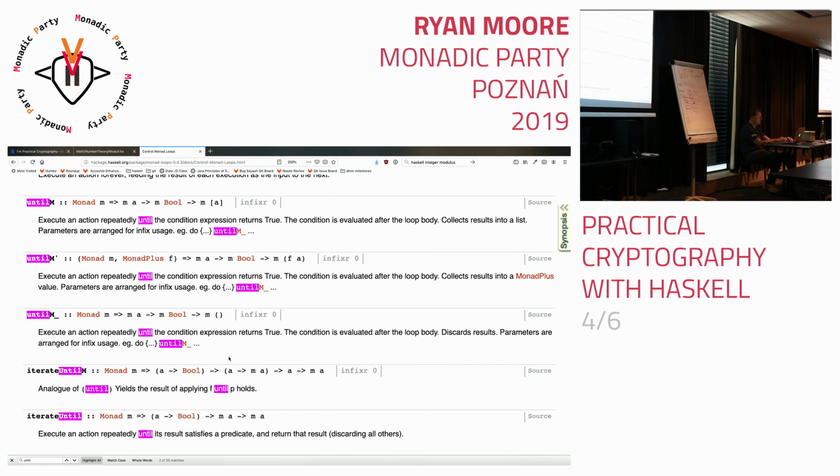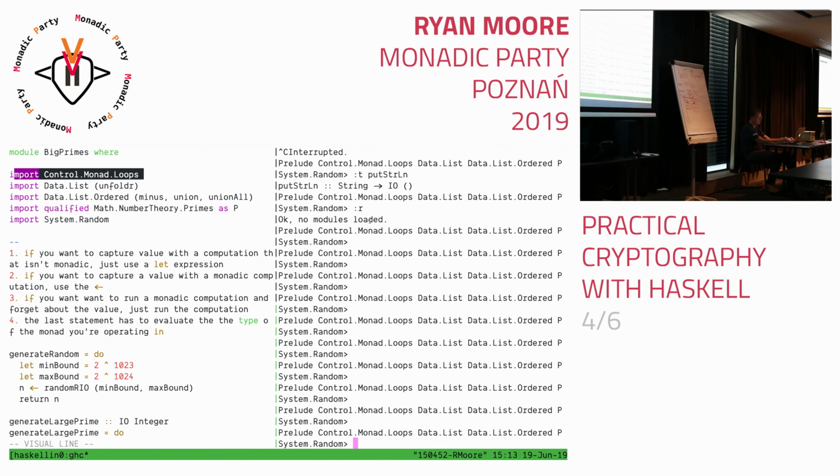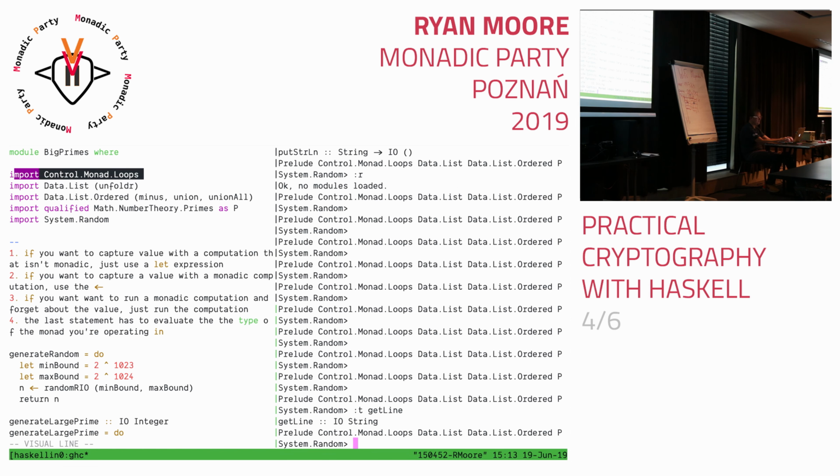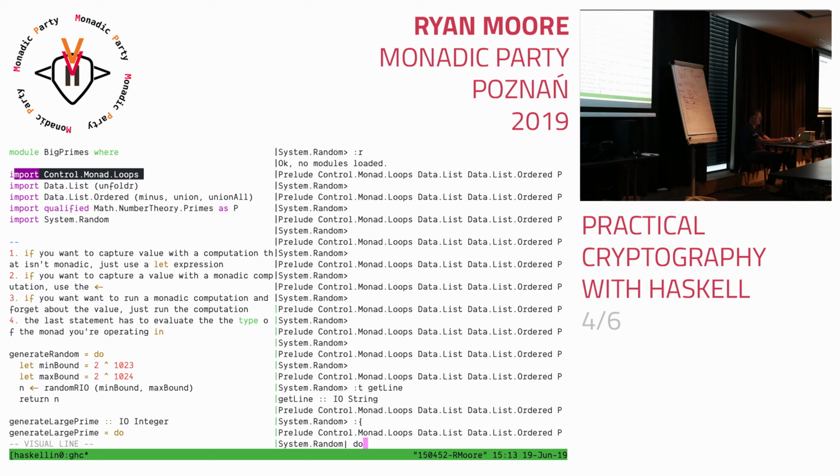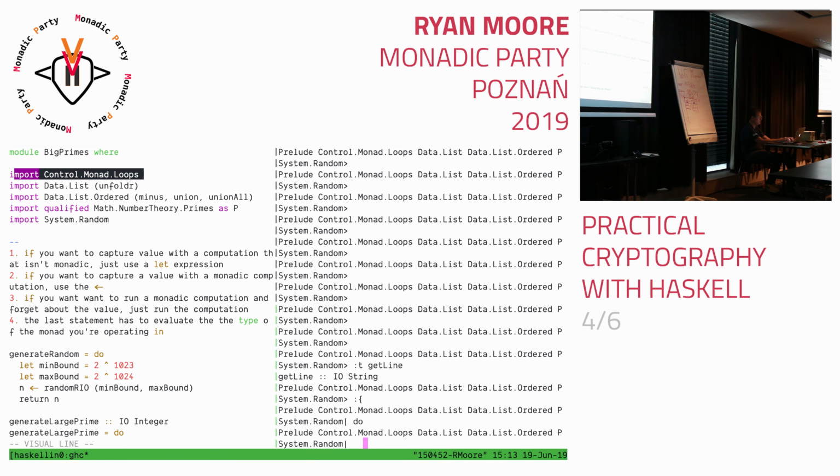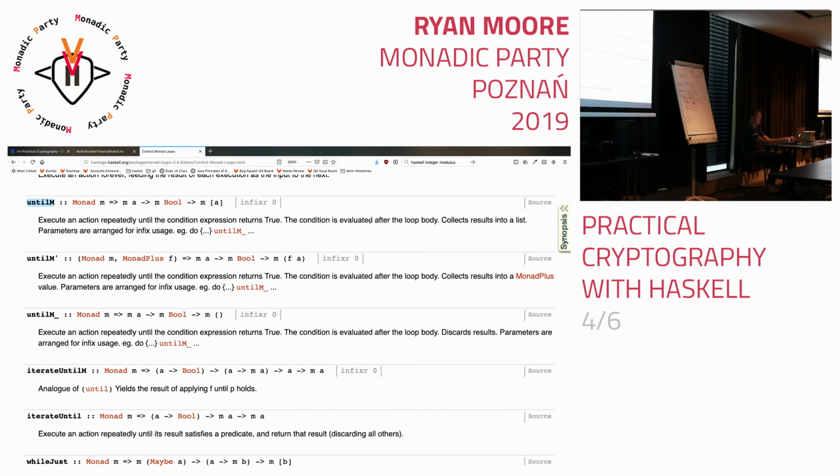Let's just take a look at this and see if we can use one of these. So until m: execute an action until the condition returns true. The condition is evaluated after the loop body, collects the results into a list. getLine takes an IO string. Let's do a multi-line block here, and let's do a do.